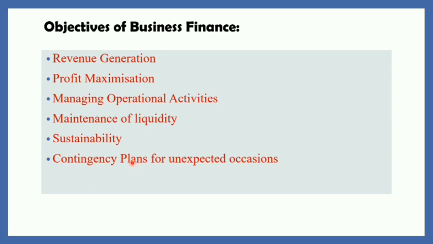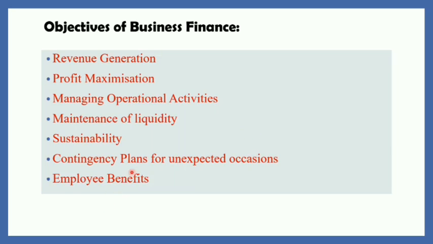And to boost these contingency plans, a company needs finance. So finance is the basic objective for the contingency plans to meet those unexpected occasions so that the company can get out of them and survive for a longer period of time. So that is why your sixth objective is contingency plans for unexpected occasions.